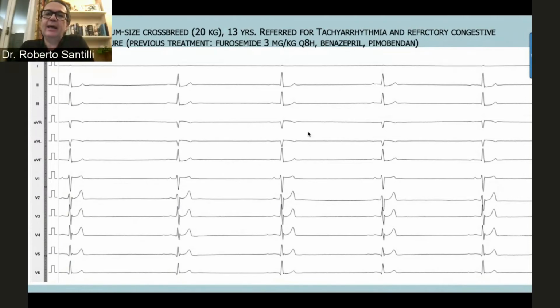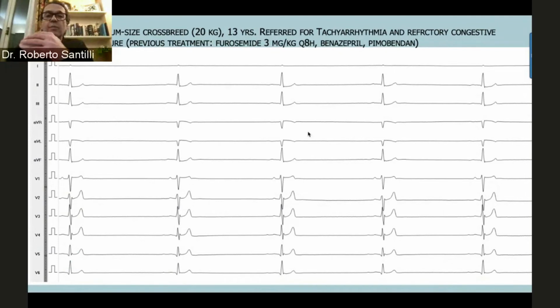We do add amlodipine on top of all these drugs when we cannot reduce the amount of pulmonary edema. Because in class C dogs, some of them have combined pre-capillary and post-capillary pulmonary hypertension, and they have right heart failure. At that point, we add furosemide subcute on top of Izemid.